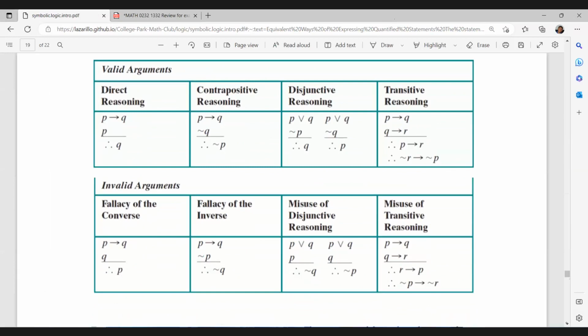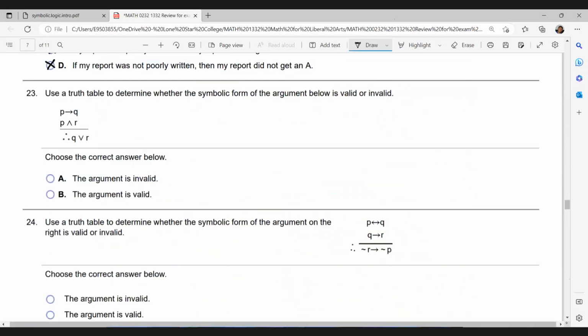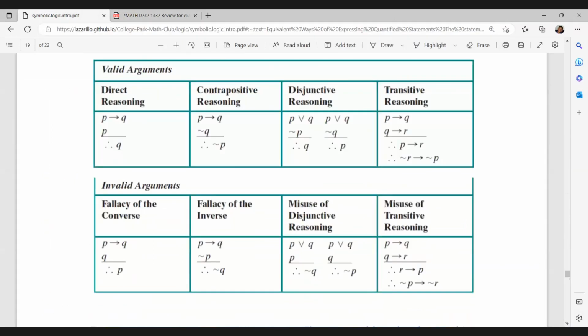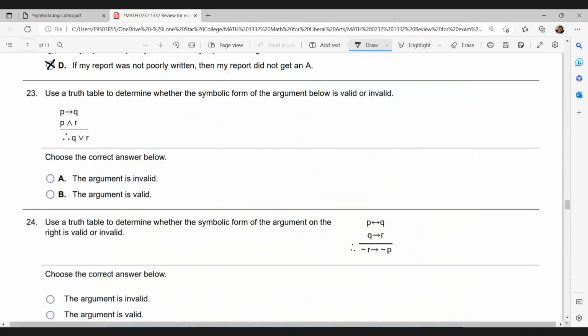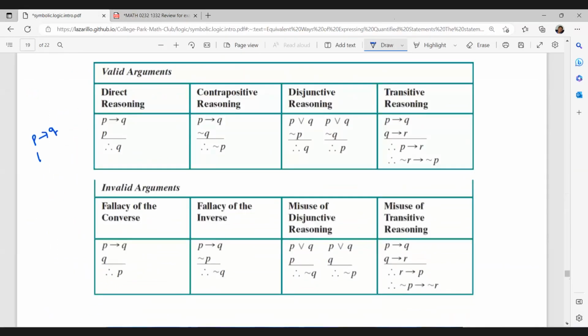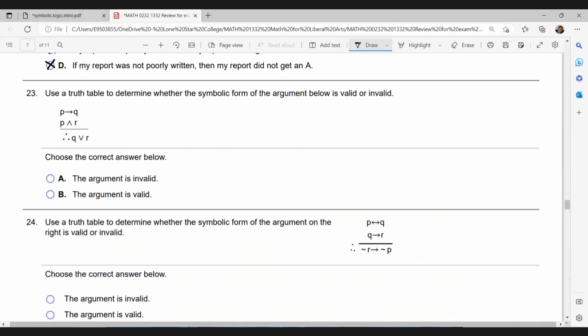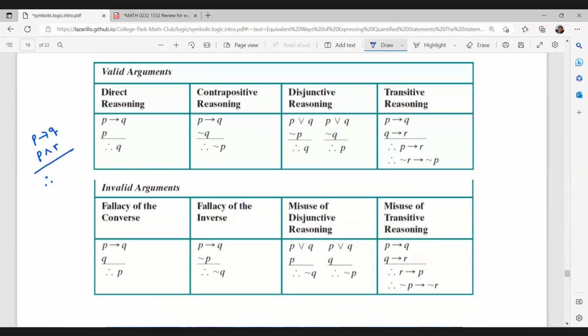So let's see if I can, so in here we have P then Q. We had P then Q, and then we have P and R, okay? P and R, conclusion, let's see, P or Q, P or R. No, wait, am I getting this right?